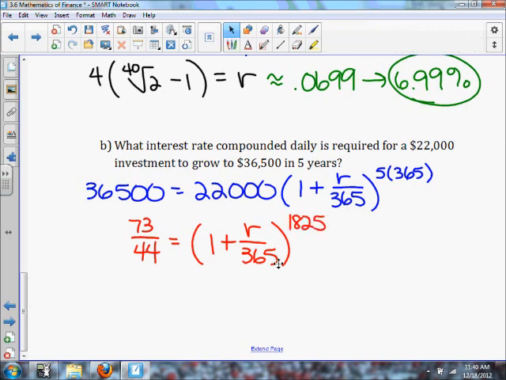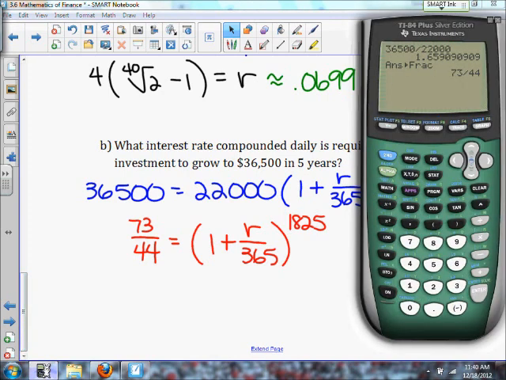All right. Now, in order to solve this, we would take the 1825th root of this answer. So 1825 math, number 5 of our answer. If you just do it like that, that's fine. Or if you want to do 73 over 44, remember you got to put 73 divided by 44 in parentheses. So you get this number here.